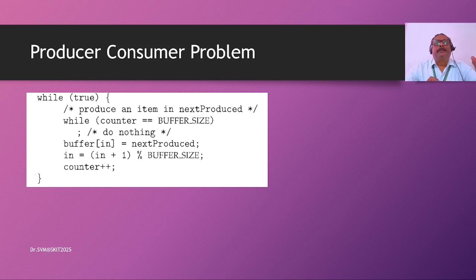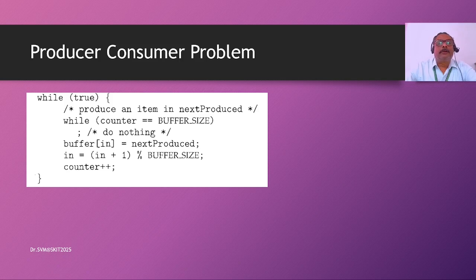The producer produces the information and writes onto the buffer. The consumer has access to this buffer, reads from the buffer and uses it. That way we transfer a message from producer to consumer via shared memory.